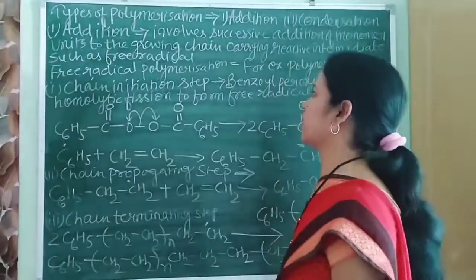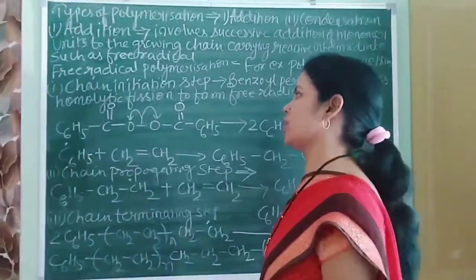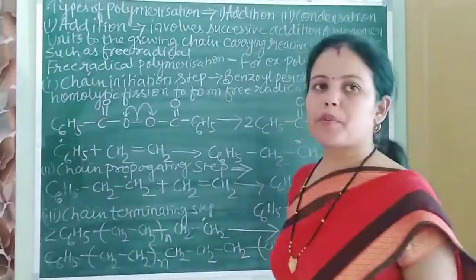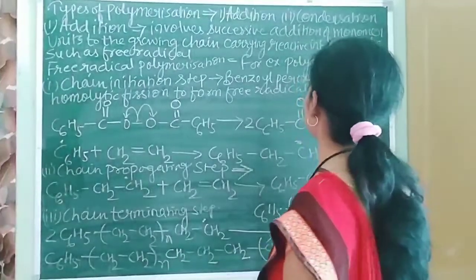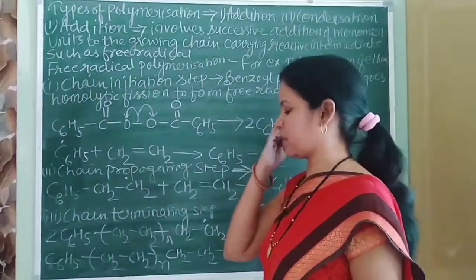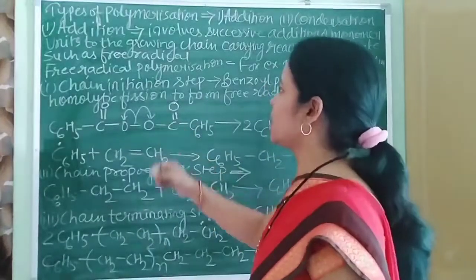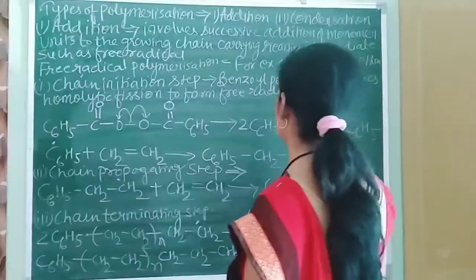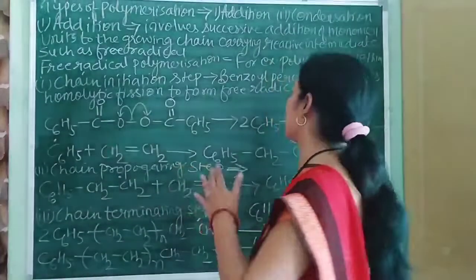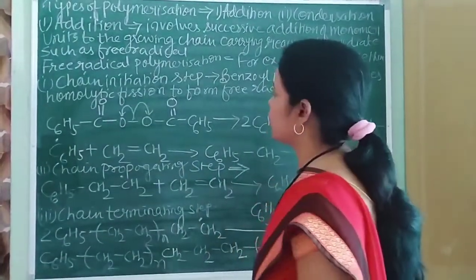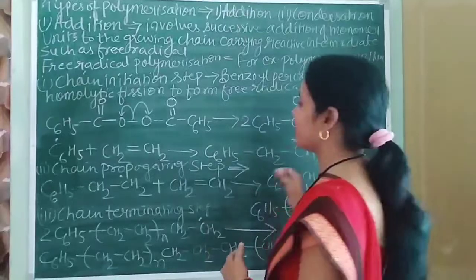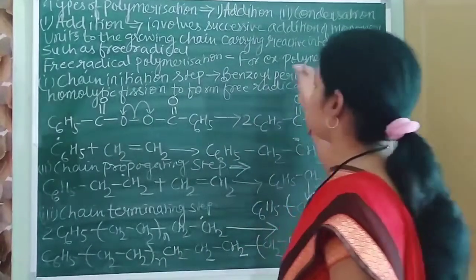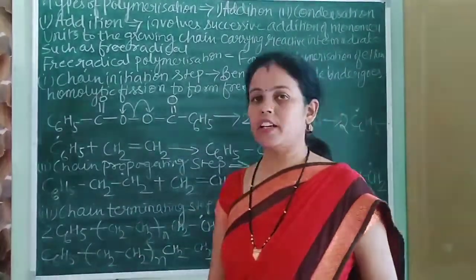Now the next topic is types of polymerization. There are two types of polymerization: addition polymerization and condensation polymerization. The first one is addition polymerization. Addition polymerization involves successive addition of monomer units to the growing chain carrying a reactive intermediate such as a free radical.